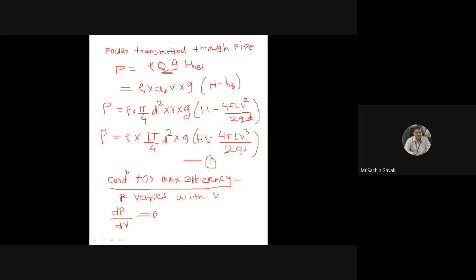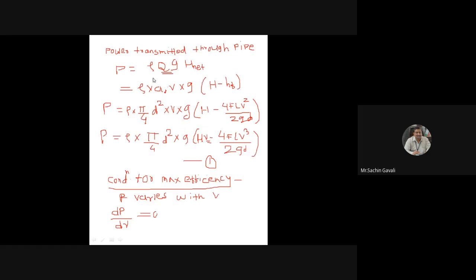As P is varying with V, we have to differentiate the power equation with respect to V and equate it to 0. So dP by dV will become: rho pi by 4 d square g is constant, so we take it outside the bracket.